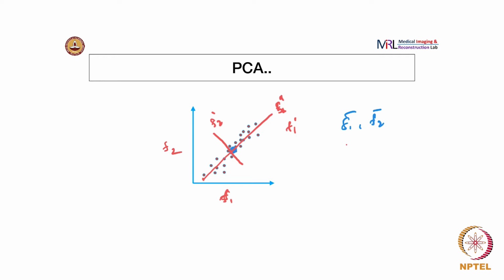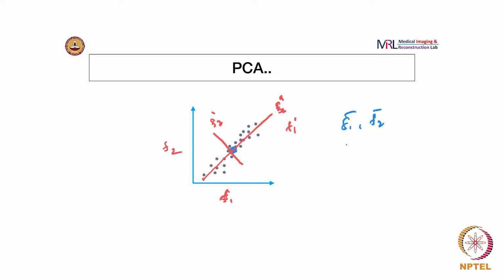This is also a translation and rotation. We have drawn the axes through the centroid of the data set, F1 bar, F2 bar, so it is a translation wherein we subtract out the mean from each data point, followed by a rotation of the axes.